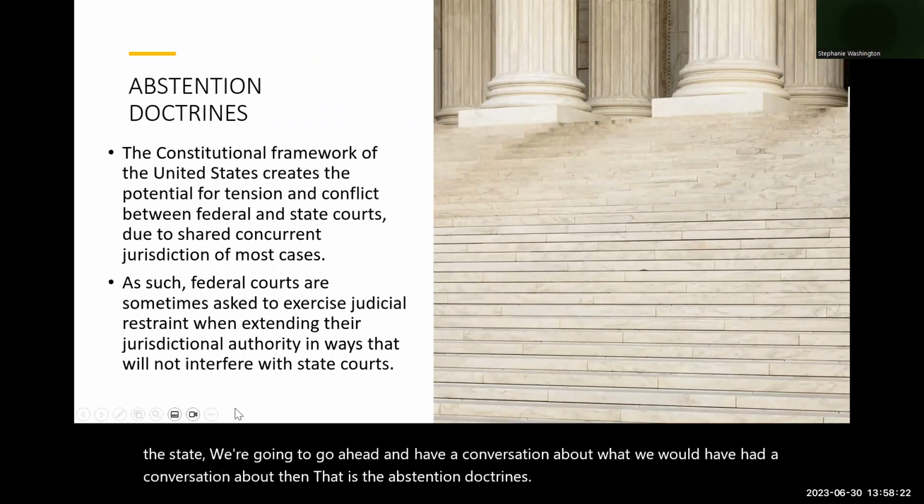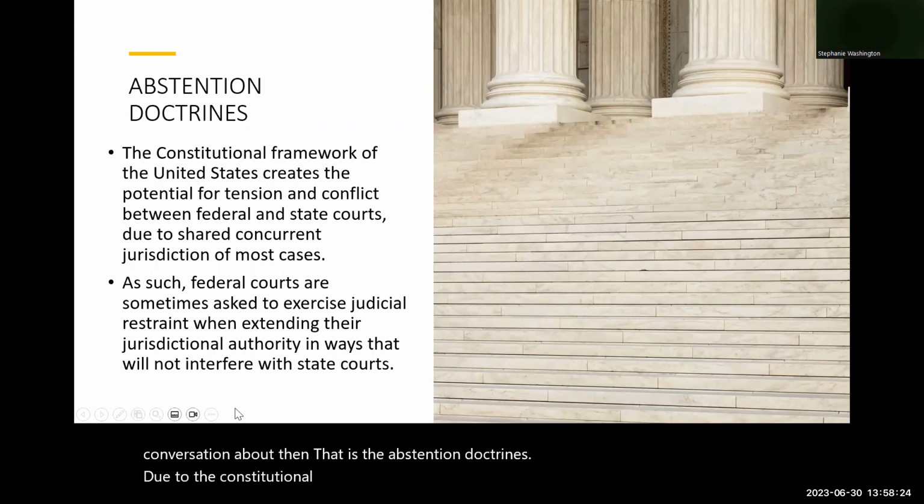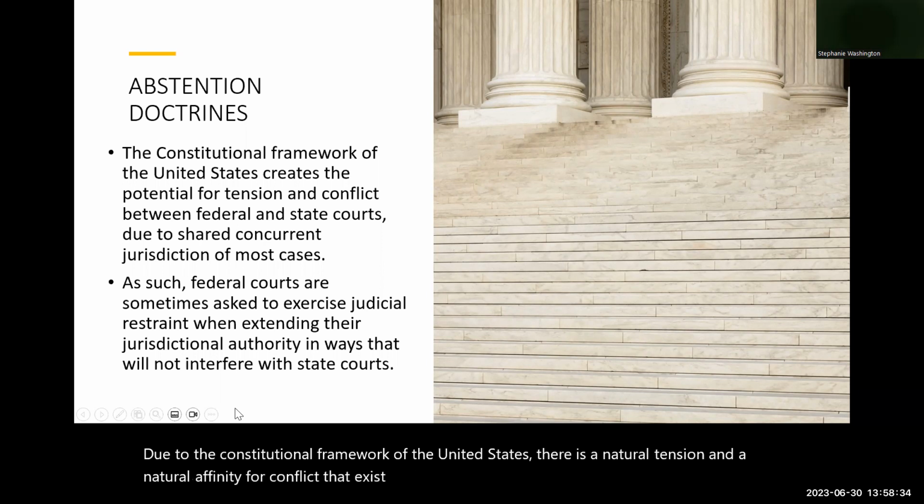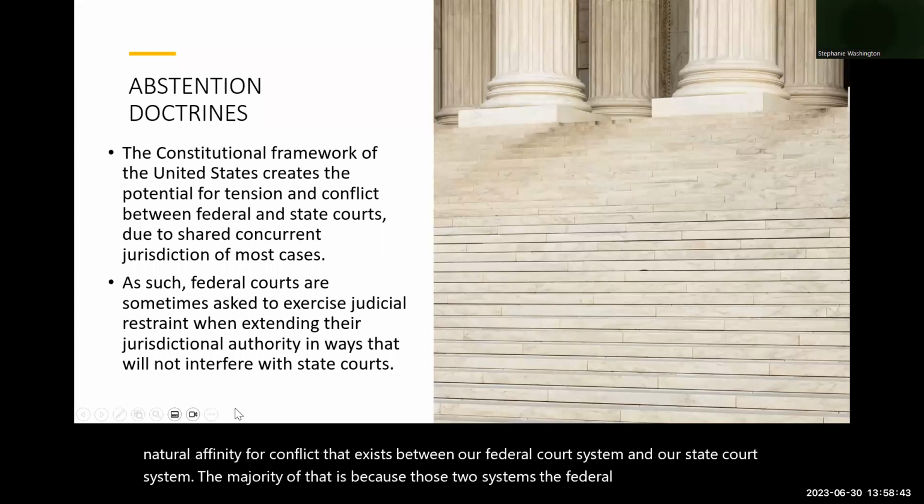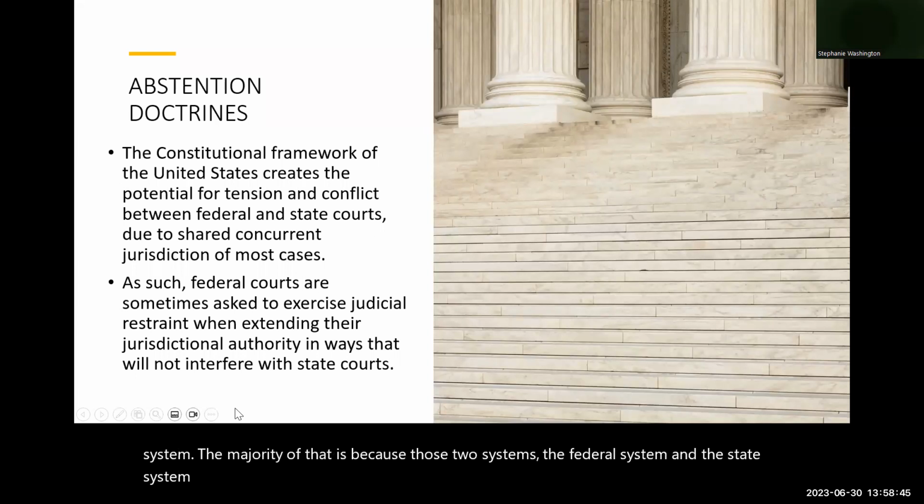Due to the constitutional framework of the United States, there's a natural tension, a natural affinity for conflict that exists between our federal court system and our state court system. The majority of that is because those two systems, the federal system and the state system, share concurrent jurisdiction over many issues.